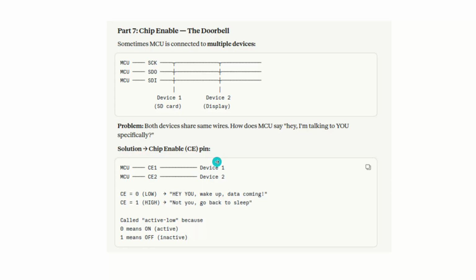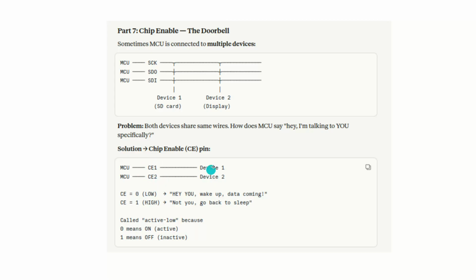So the chip enable is like a doorbell. It acts like a doorbell. The chip enable is used because when our MCU is connected to multiple devices, it has to know which device it is talking to. So each of these devices has a chip enable, and chip enable is an active low pin because it is active only when the chip enable is 0.